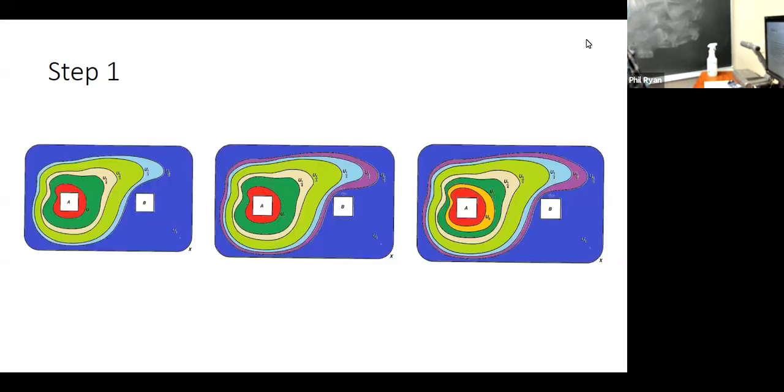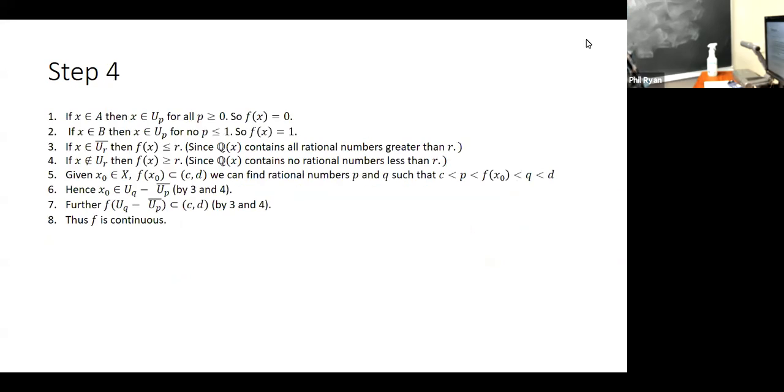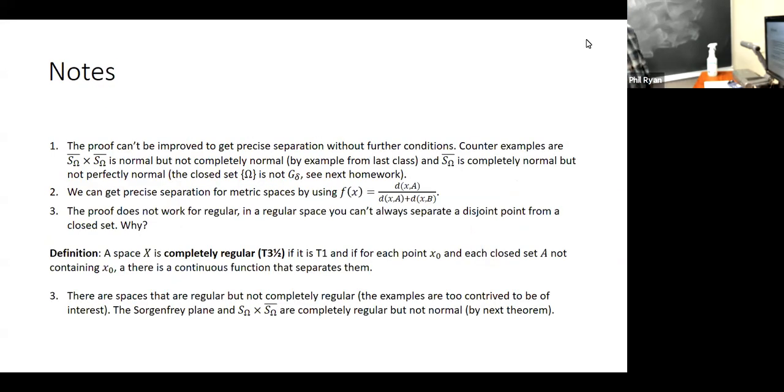So regularity can't be extended to complete regularity, and that's why we have that definition.